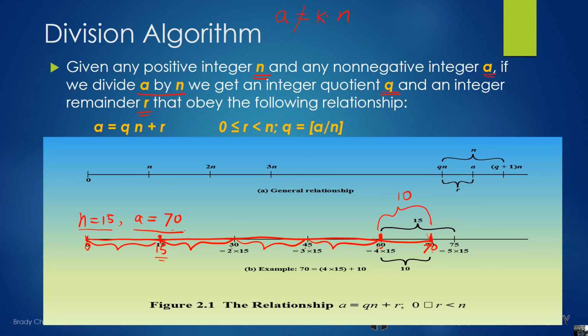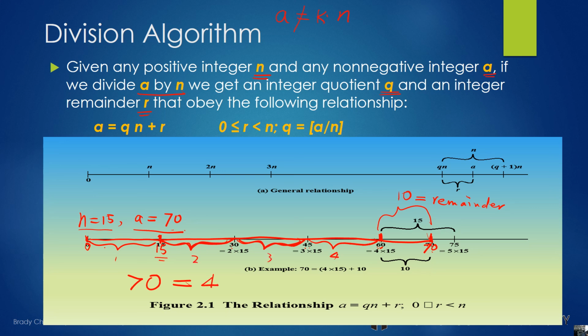So that 10 is called the remainder, right? So we can write 70 as the sum of all these fragments of 15. How many of them? 1, 2, 3, 4.